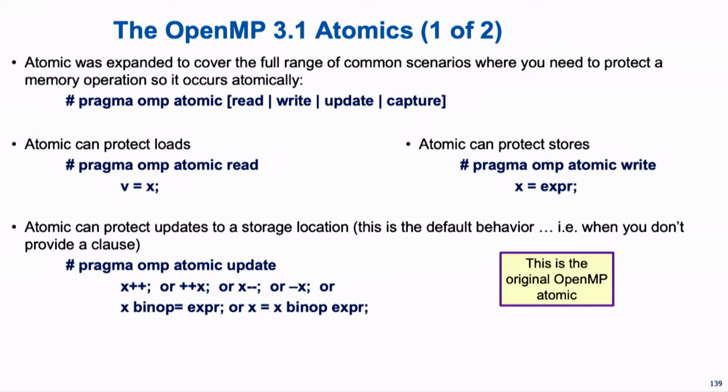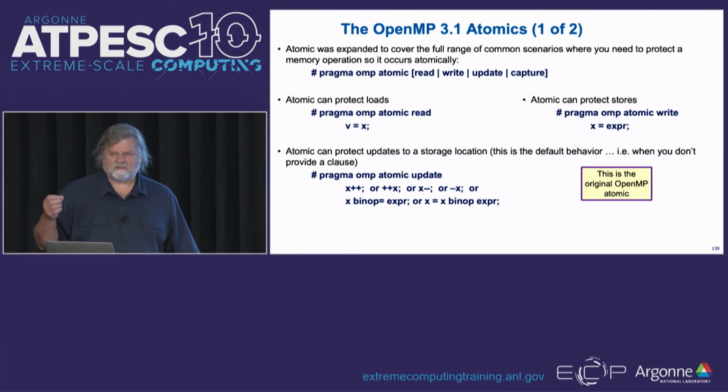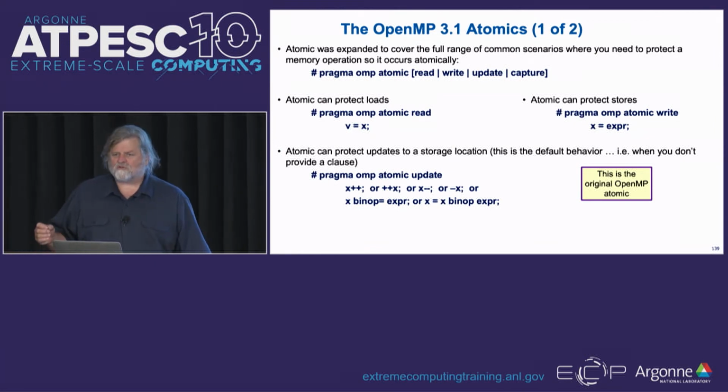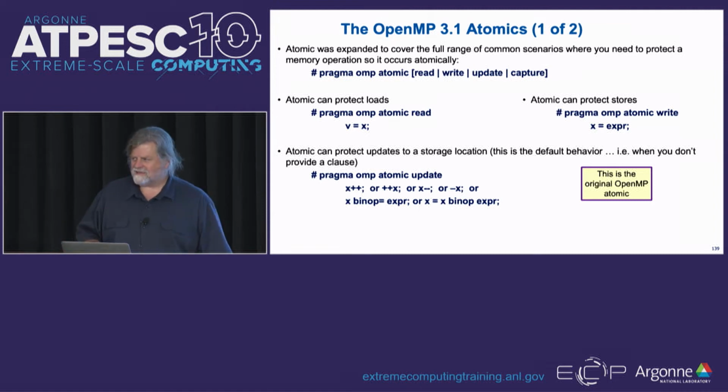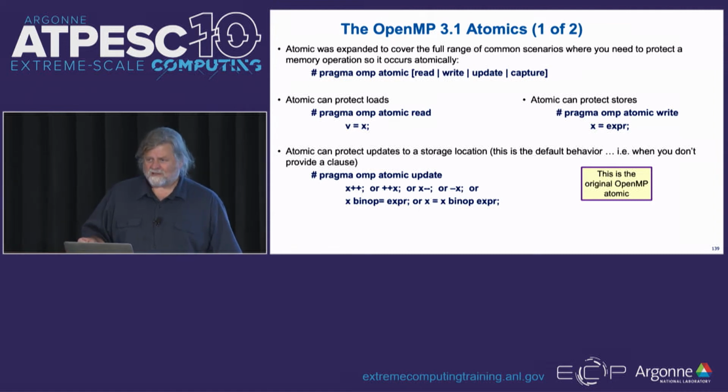Now, why do I keep repeating this? Why is that such a big deal? Why am I saying it as if it's some deep, profound thing? Well, because if you're writing synchronization protocols by hand, and you are trying to define the ordering of events in concurrent threads, this is how you do it.